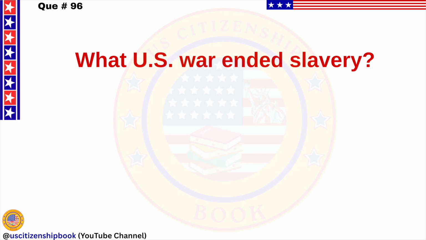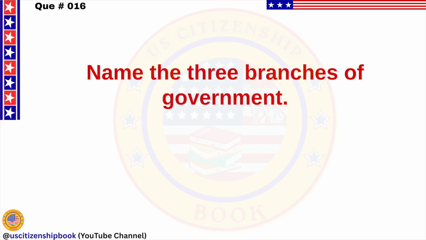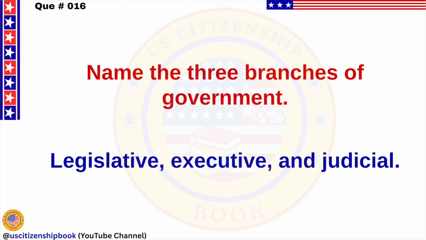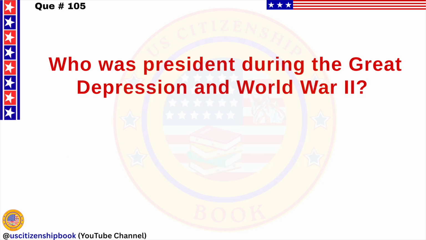What U.S. war ended slavery? The Civil War. Name the three branches of government. Legislative, executive, and judicial. Who was president during the Great Depression and World War II?